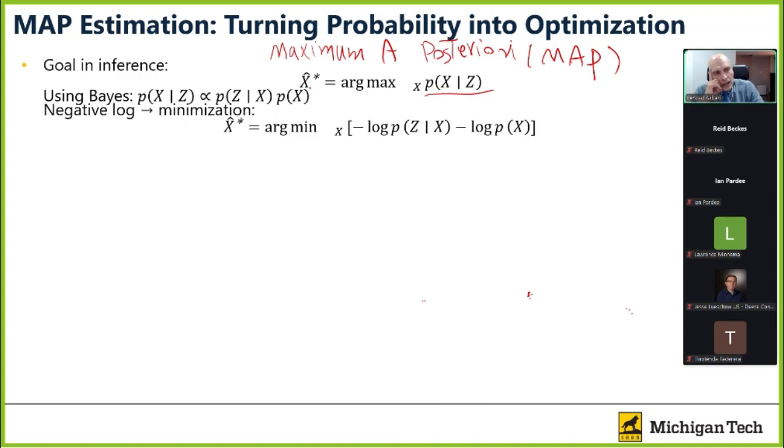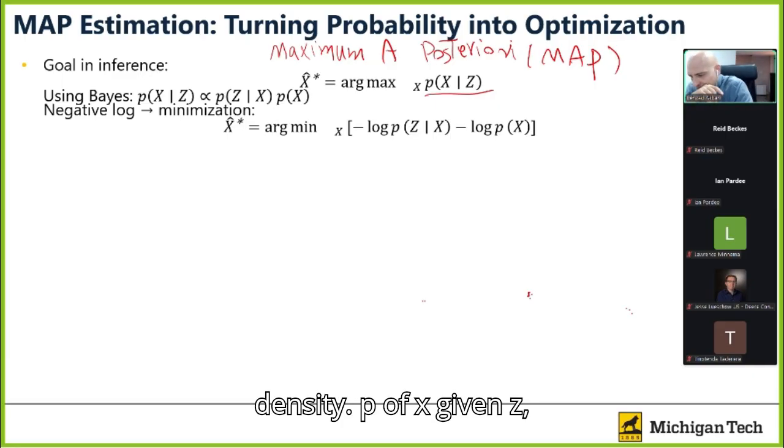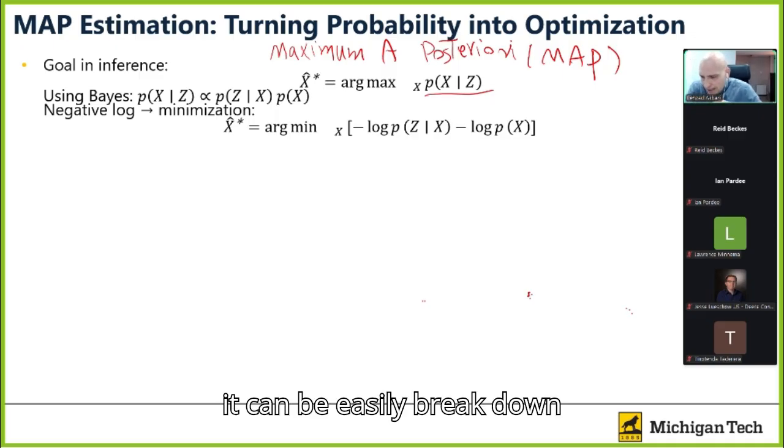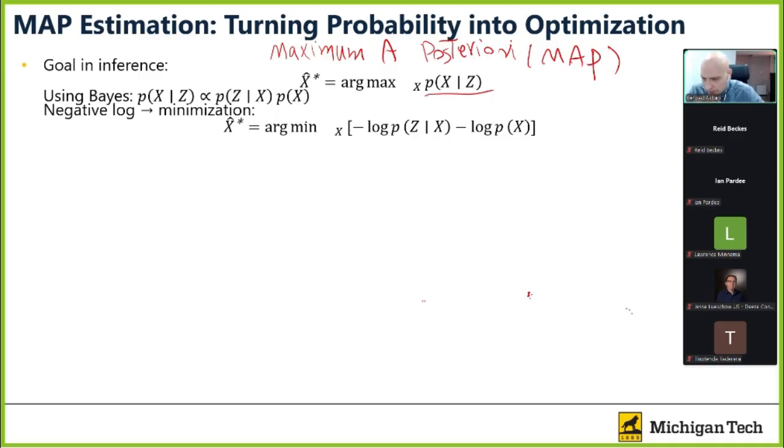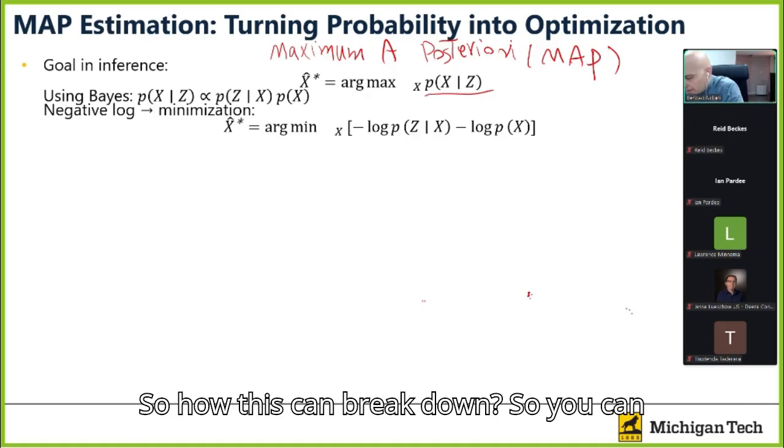But it's not just that. We know Bayes rule. The posterior density, P of x given z, can be easily broken down using the Bayes formula. So how does this break down?